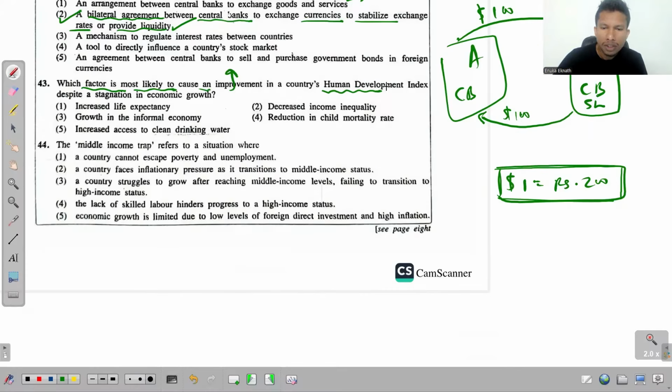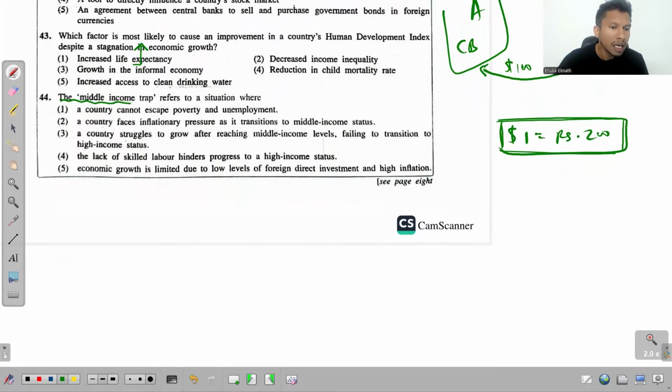Okay, now we will move to the next question, question 44. The middle income trap refers to a situation where... See, now countries are categorized based on income as low income countries, lower middle income, upper middle income, and then higher income countries.